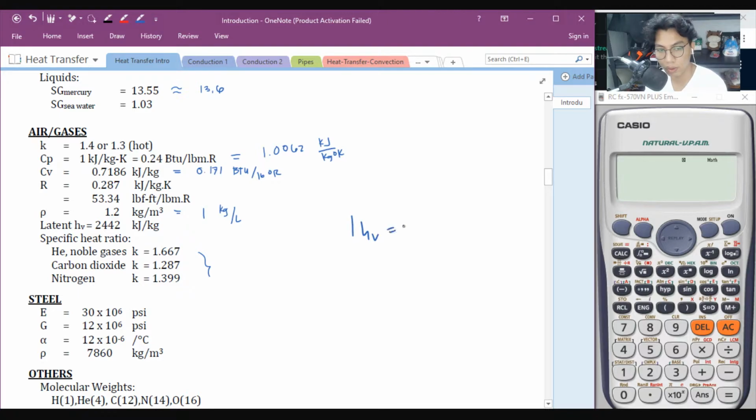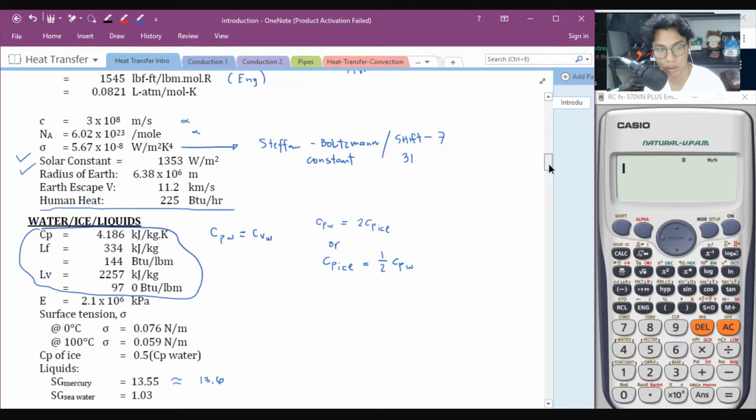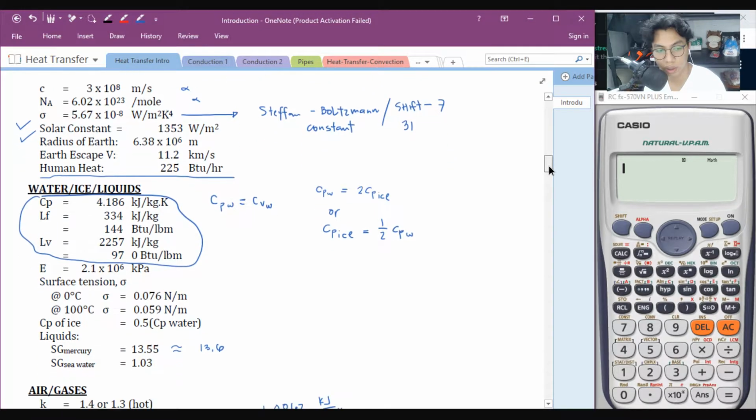LHV is 2442 kilojoules in every kilogram. Ang latent heat of fusion is 335 kilojoules in every kilogram. Yan na yan. LHF is 335 or 334.